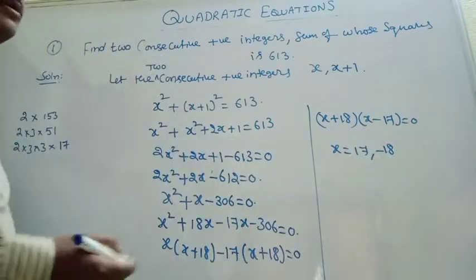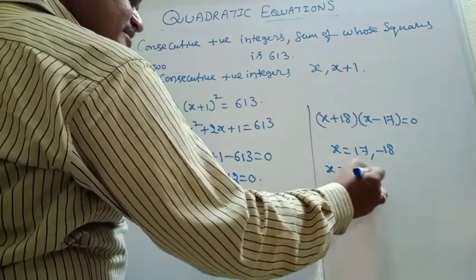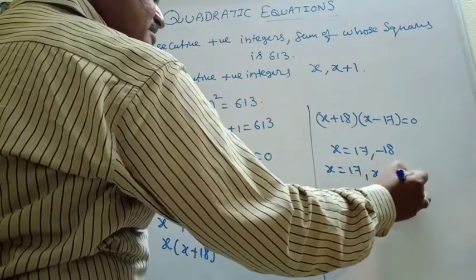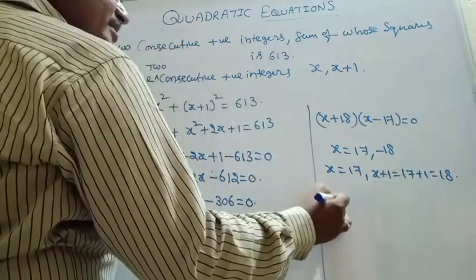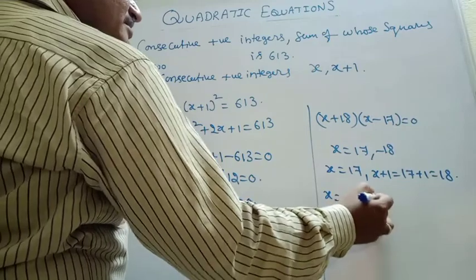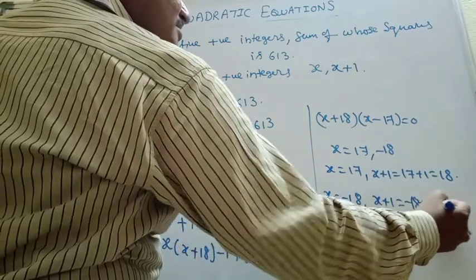Therefore the two consecutive integers: if you take x equal to 17, then the other one is x plus 1, that is 17 plus 1, equal to 18. If you take x equal to minus 18, then x plus 1 is minus 18 plus 1, that is minus 17.